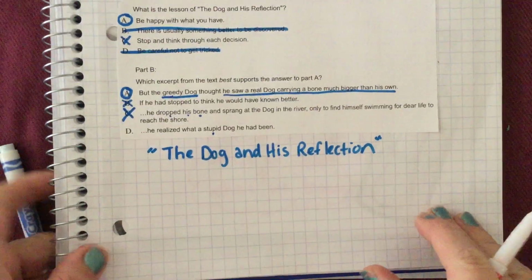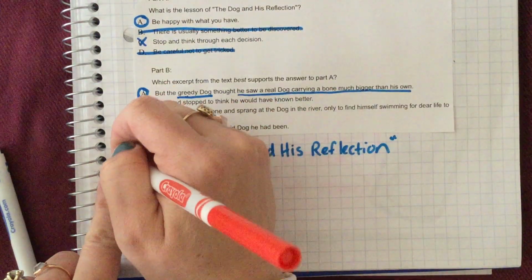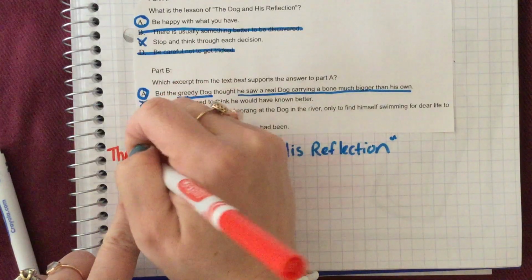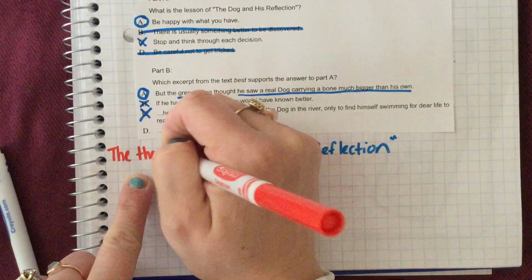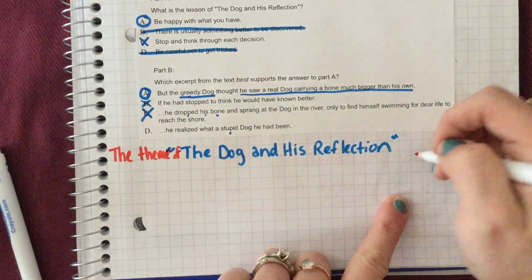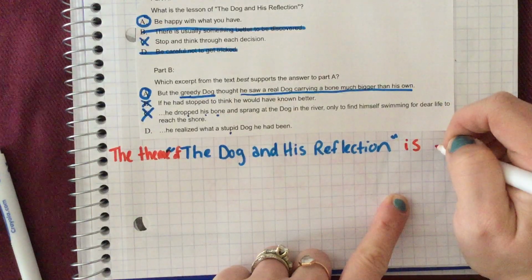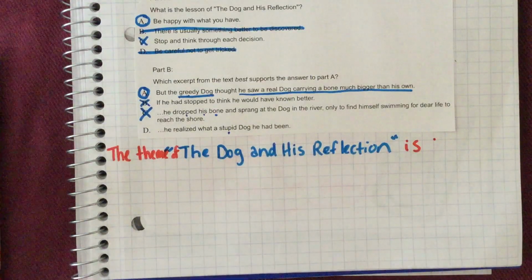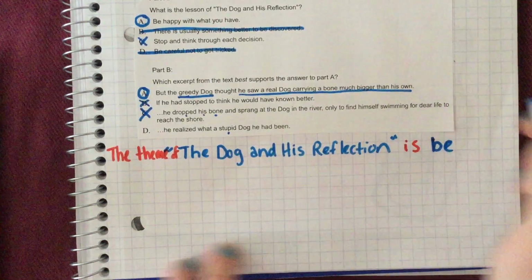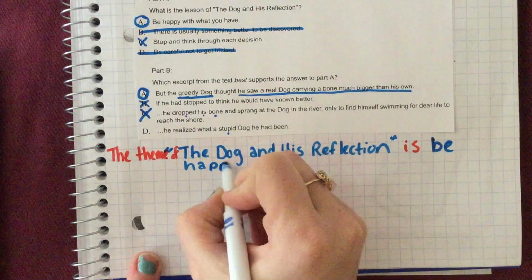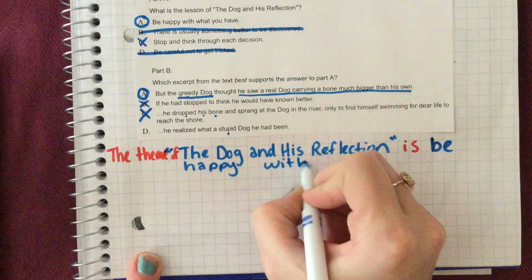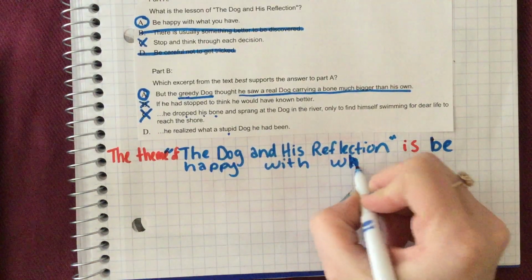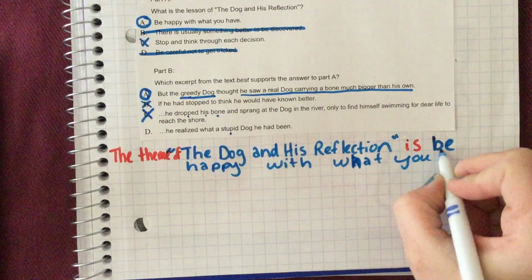You know what? I would even say the theme of the dog and his reflection is, and I can just go back up here, be happy with what, my goodness, you have.